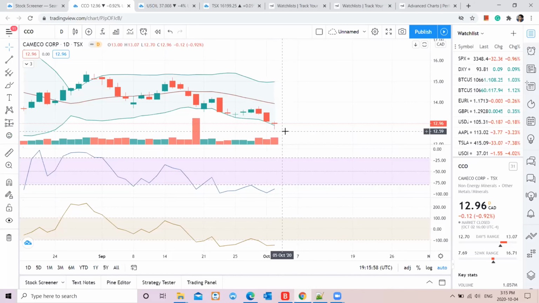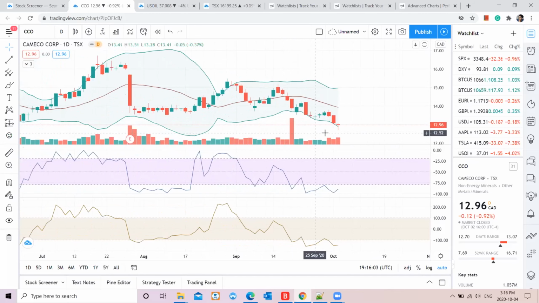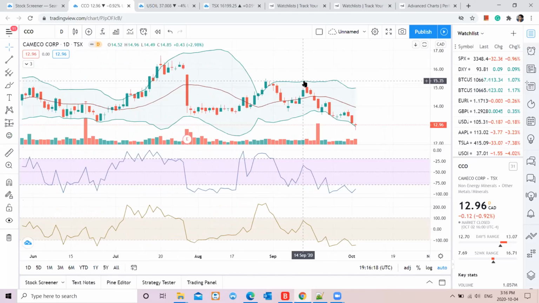So if it gets one good momentum, one good news, it's ready for an uptake of up to 15. Yes, 15 or 16 and a half, whatever it is. The last candle is at 12.96, so like 13 and 12.70. 12.70 is the candle low.